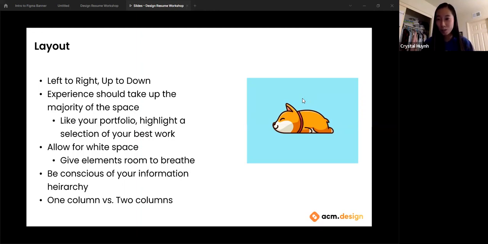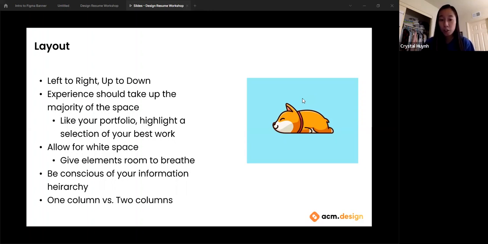You don't have to cram as many words as you can on 1 sheet of paper. So feel free to play around and experiment with spacing, just to make sure that things are readable and it's easy to read through your resume. The flow is really nice for the recruiter as well. It just really helps, especially within design.